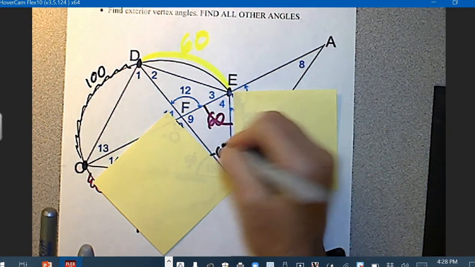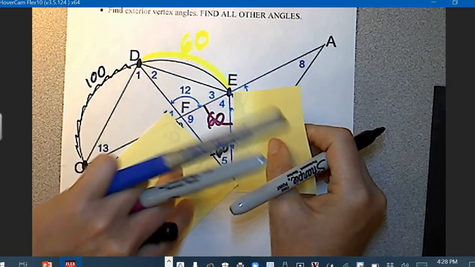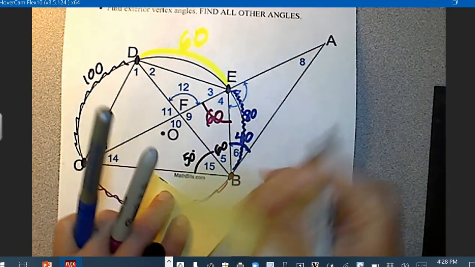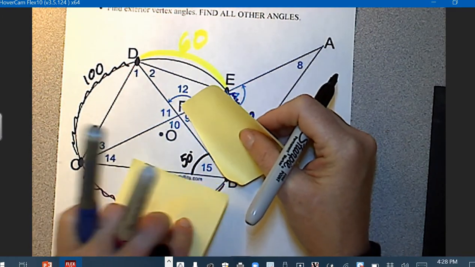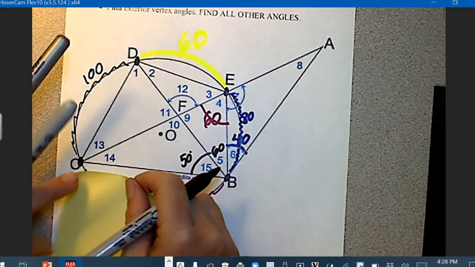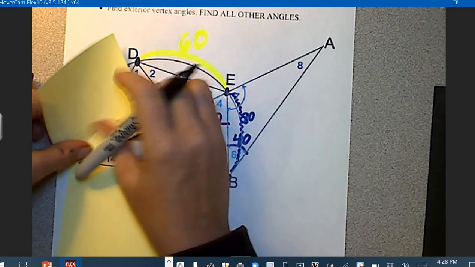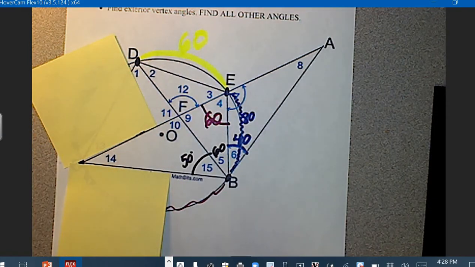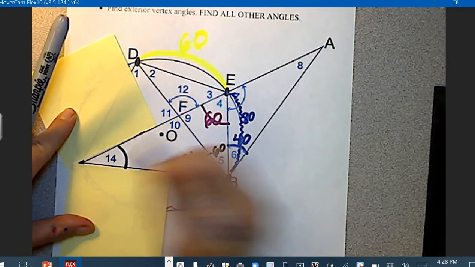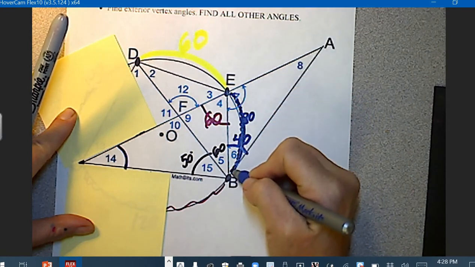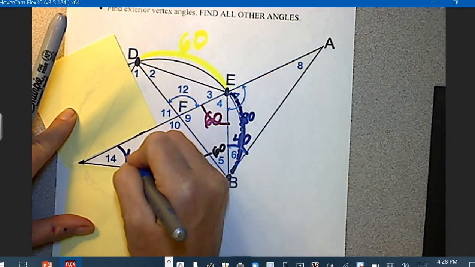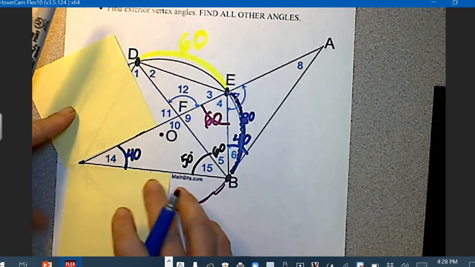That means that is 60 degrees. I'm going to move clockwise. I already got the 15, so I'm going to move here to angle 14. My arc is 80. That means my angle's 40.